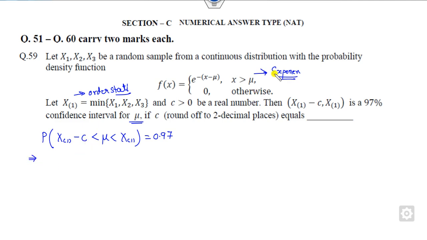So very simple. Firstly we will try to find the value of X1 from here. How can you write that? I can write the probability that X1 minus mu is less than c equals 0.97.